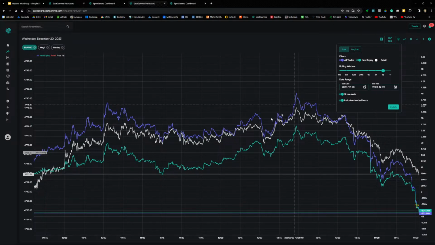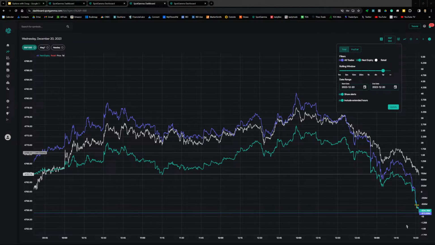And note the very close correspondence between the purple line showing all trades and the green line showing 0 DTE trades, or next expiry. And again, in the case of the S&P 500, that is trades that expire today. So note the very close correlation.